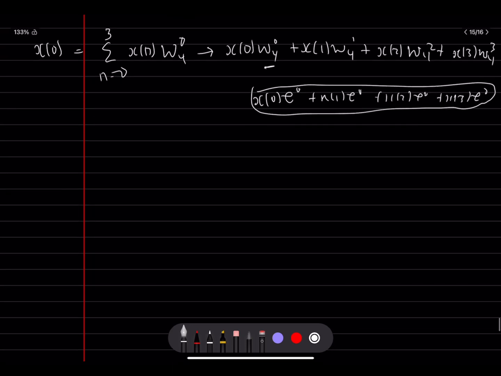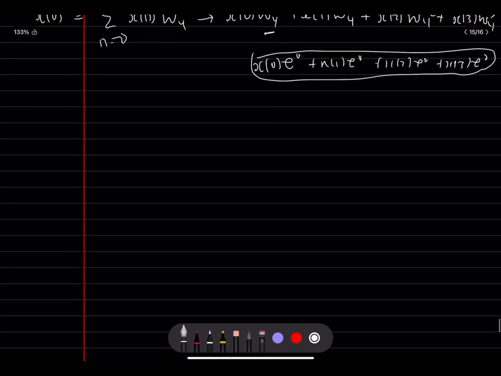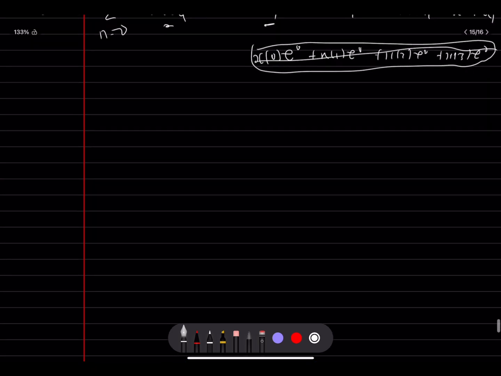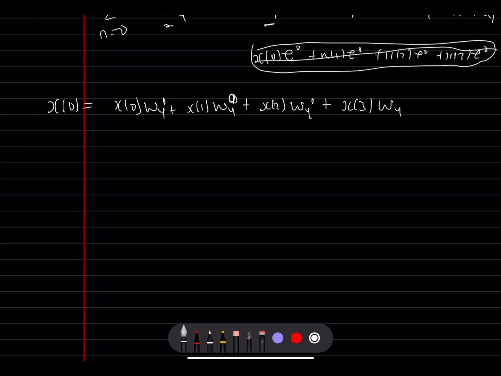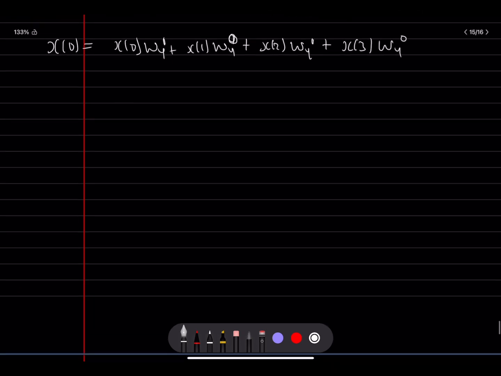So based on this, we can rewrite our final equation as X of 0 to be equal to x of 0 W4 power 0 plus x of 1 W4 power 0, because they are all the same, plus x of 2 W4 power 0 plus x of 3 W4 power 0. Right, so this is our equation 1.